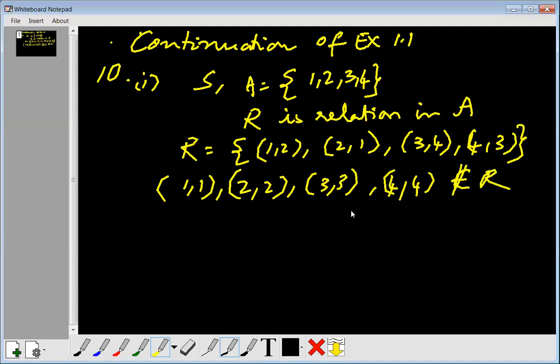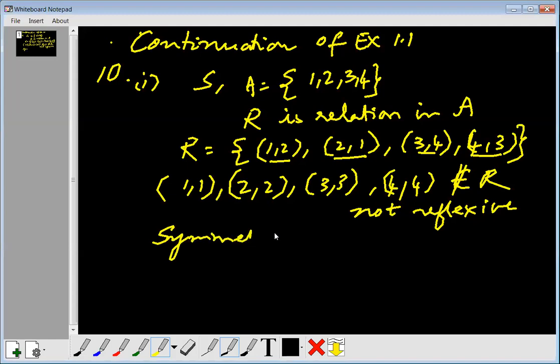Okay, so it's clear. Then the next one is whether it's symmetric or not. (1, 2) is there, (2, 1) is there, (3, 4) is there, (4, 3) is there. So it's symmetric.